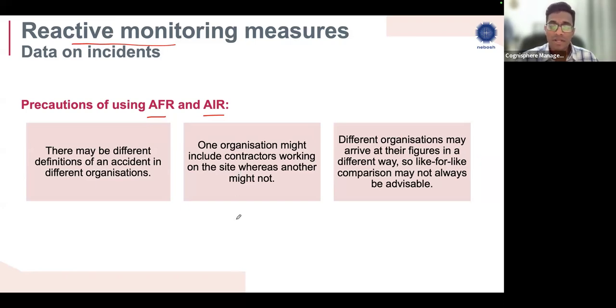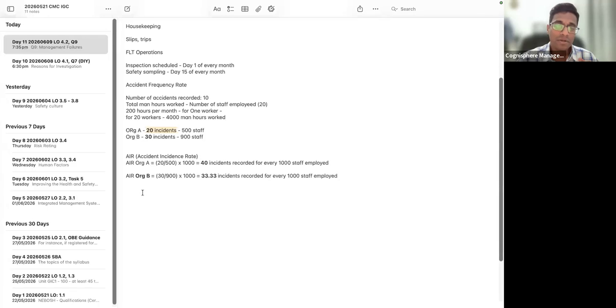For example, if I am doing something similar for the ill health data, we collect all the data of ill health.